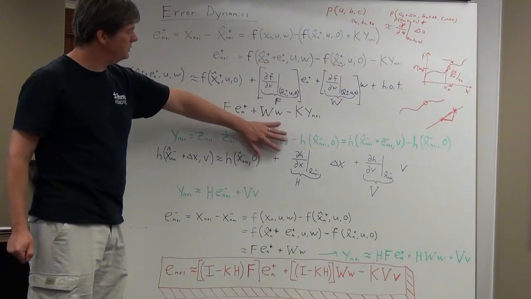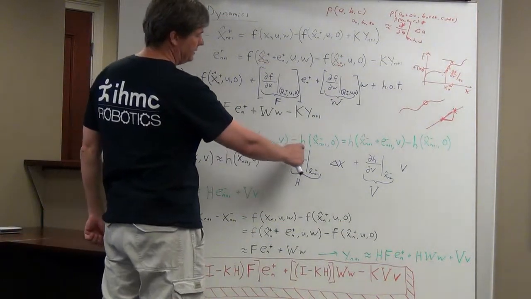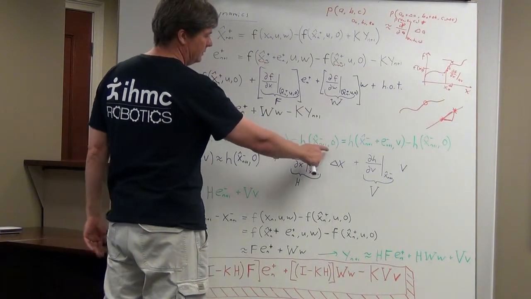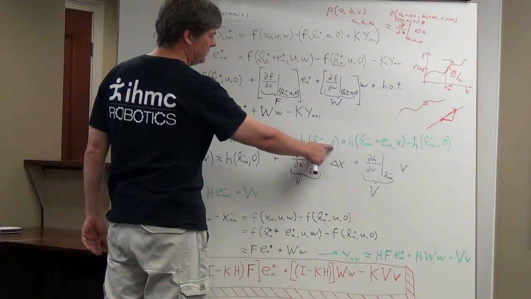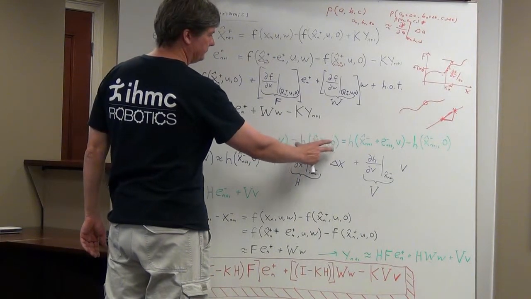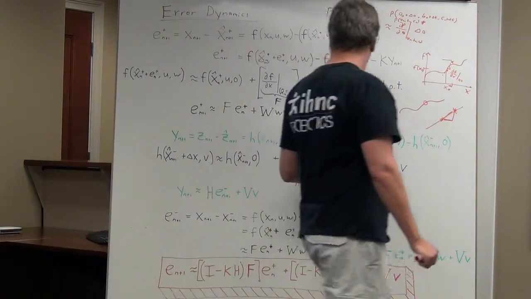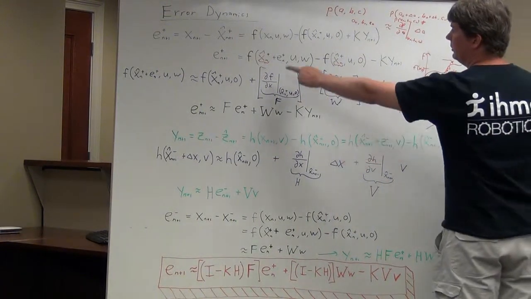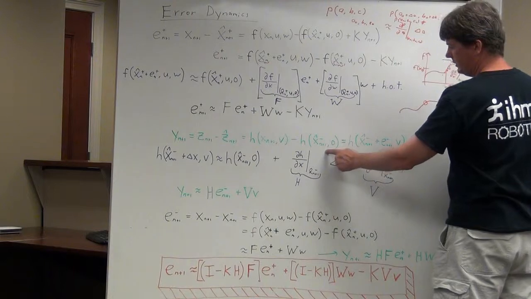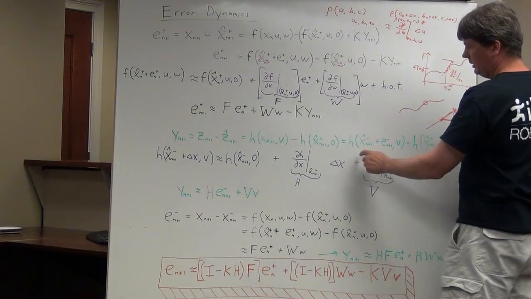So this is a true measurement dynamics minus h times your estimated state, and your estimated noise is 0 because there's nothing else you can do. You don't know what it is. So this is your estimated measurement. Okay. And so we do the same trick as up here. We figure out how to make this term look the same as this term so that we can linearize about it.